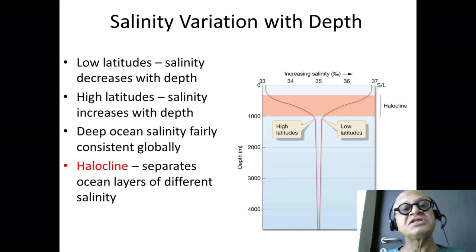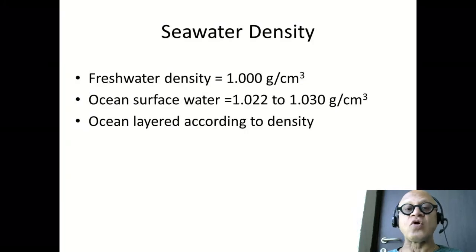The difference doesn't seem like much, but combined with temperatures, cold temperatures and low salinity, the density is increased by cool temperatures but decreased by lower salinity. In the low latitudes, high salinity would want to make the density higher, but warm temperatures would decrease the density, and so on.